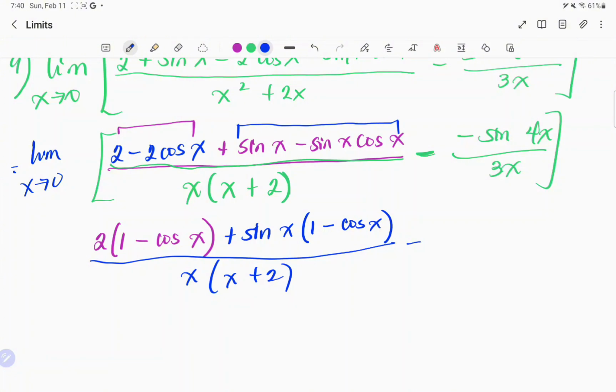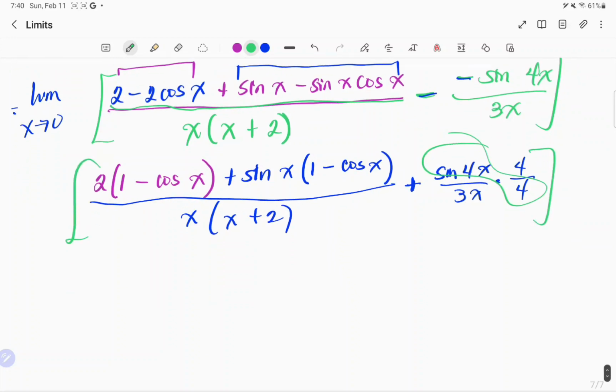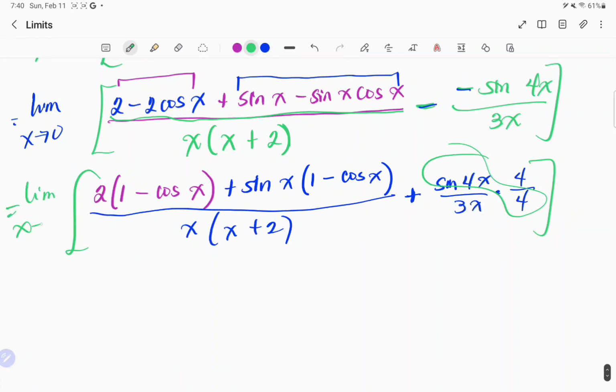Minus, plus, that's negative times negative is positive. We can multiply this sine 4x over 3x by 4 so that we could combine sine 4x and 4 as equal to 1. So let's do this further. With further solution, it will become the limit as x approaches 0 of the function.